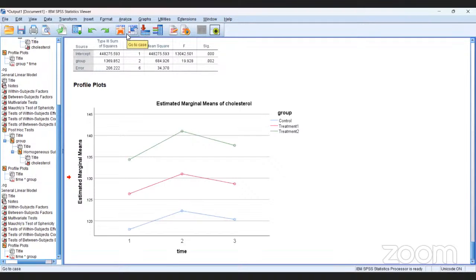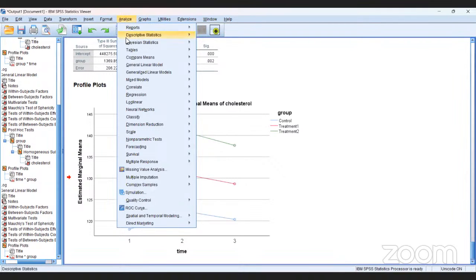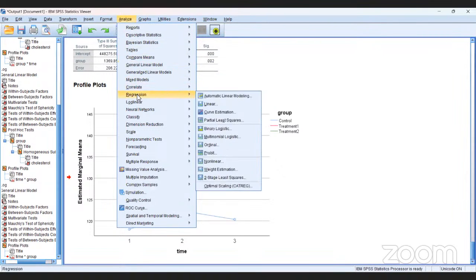Now, when you find out that your data is skewed in nature, okay, and you have not followed the normal distribution, then you have to follow the non-parametric statistics.